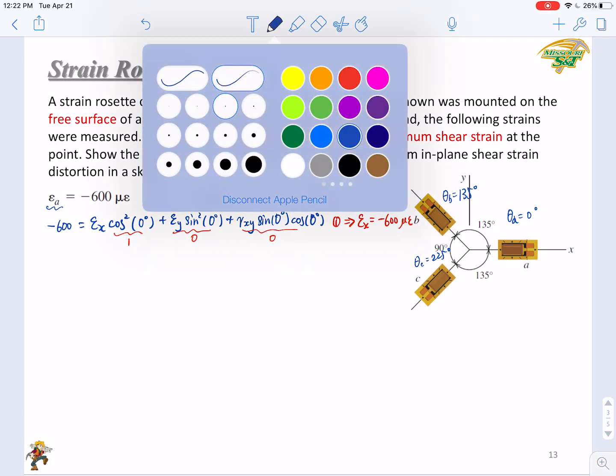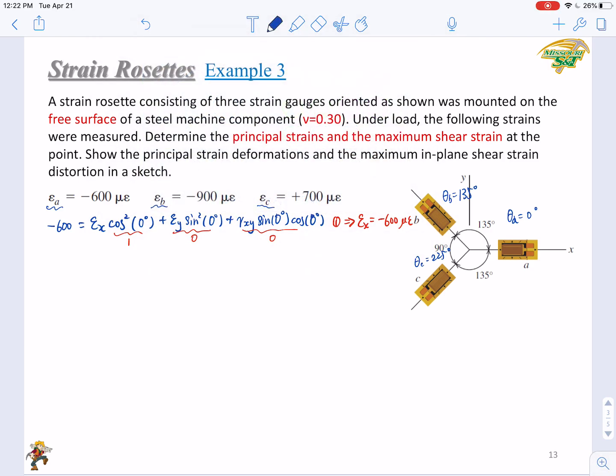Then the second equation, starting from epsilon B, that is negative 900, equals epsilon x cosine square 135 degrees, plus epsilon y sine square 135 degrees, plus gamma xy sine 135 cosine 135.